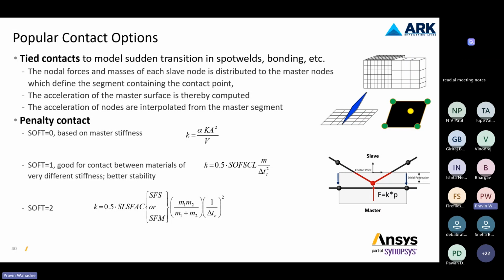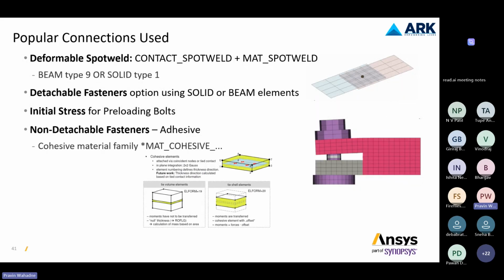We can have detailed sessions in our upcoming webinars where we'll deep dive into the contact techniques also. Popular connections which are used include deformable spot welds, detachable fasteners, and initial stress, that is preloading bolts, which we generally call preloads or bolt pretension.